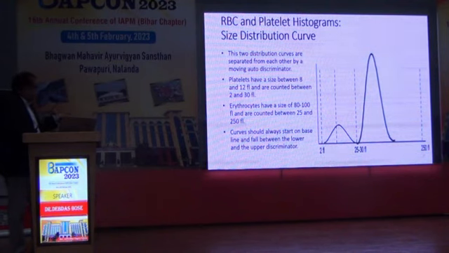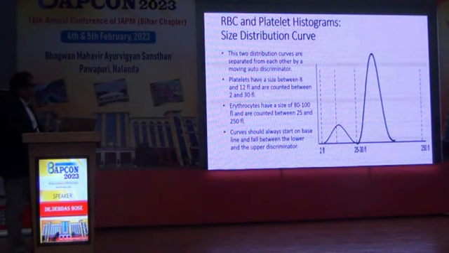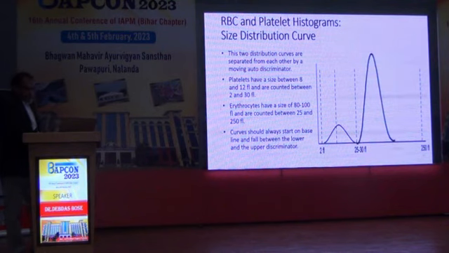The machine counts platelets from 2 femtoliters to around 25 femtoliters. And RBCs from 30 to around 250 femtoliters. These lines are called the lower discriminator, starting from 2 femtoliters here, and this is the upper discriminator for the platelet and the lower discriminator for the RBC. And this is the upper discriminator for the RBC also.